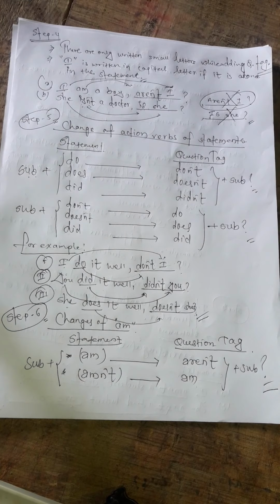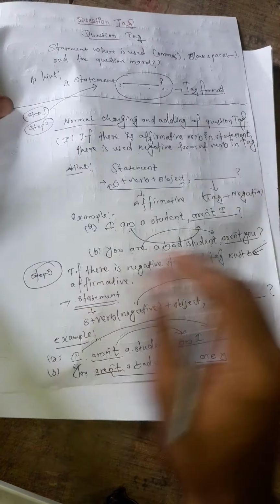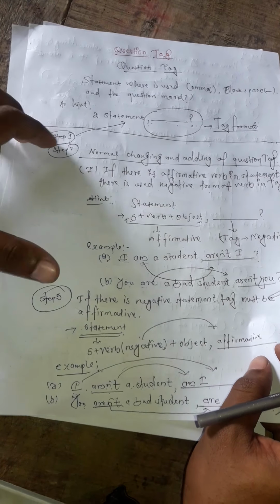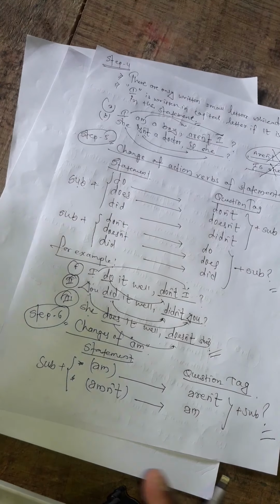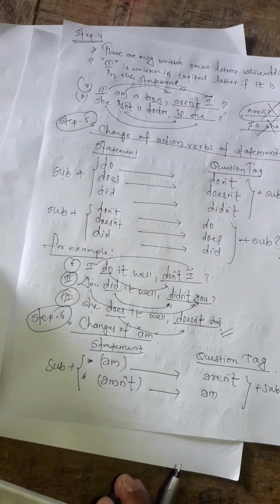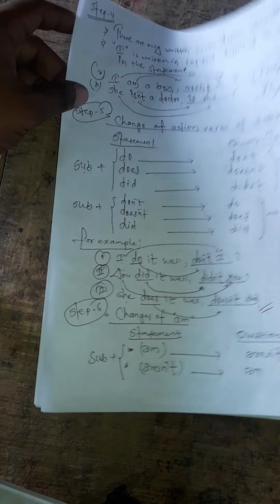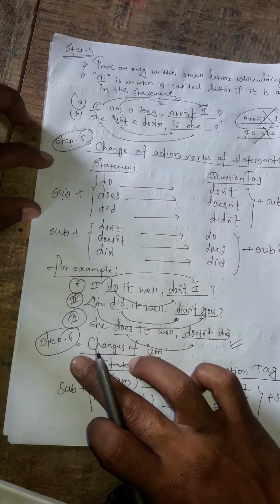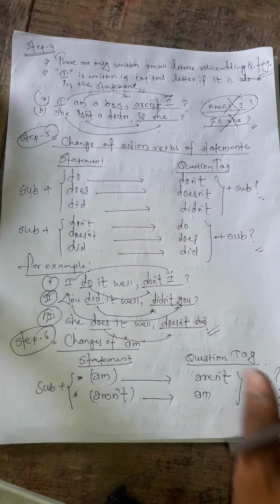Now in step 7, step 1, step 2, step 3, step 4, step 5, and step 6 we have learned. Now I'm going to teach you step 7.